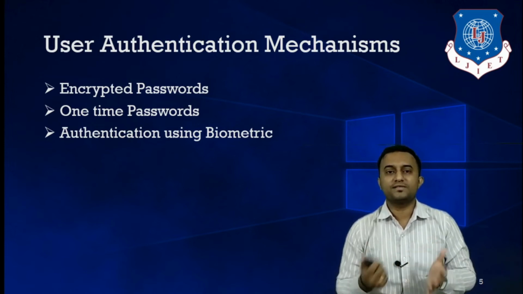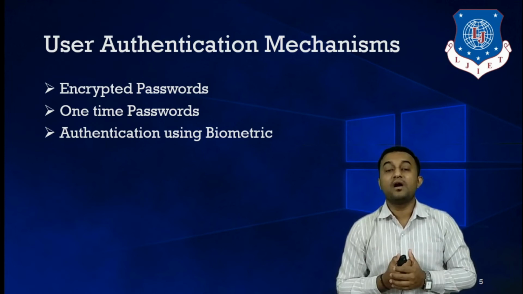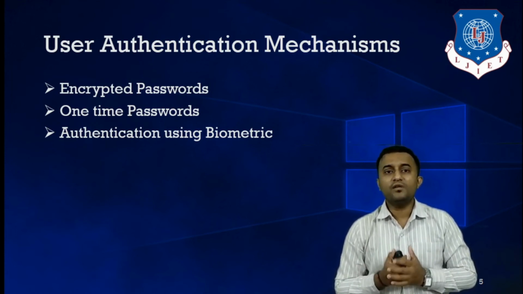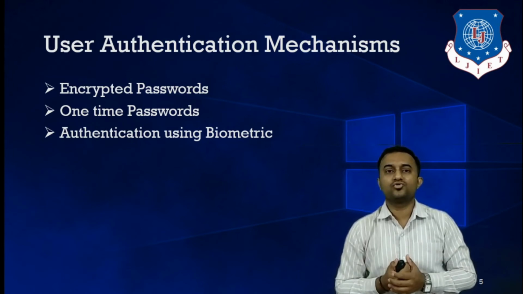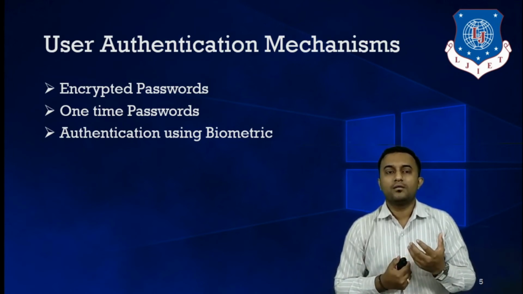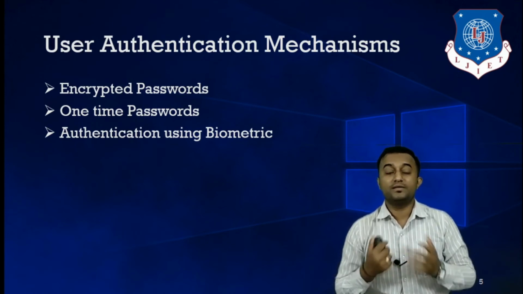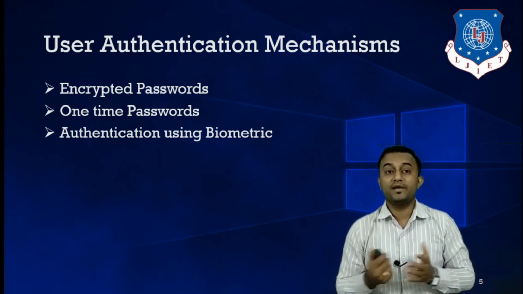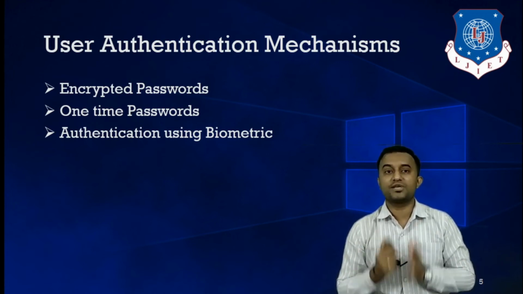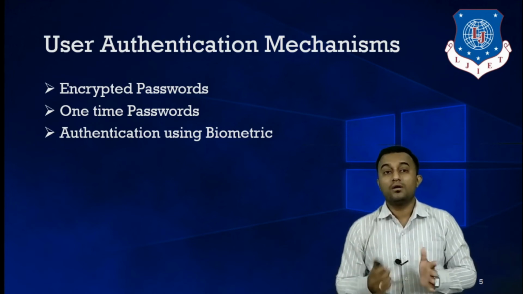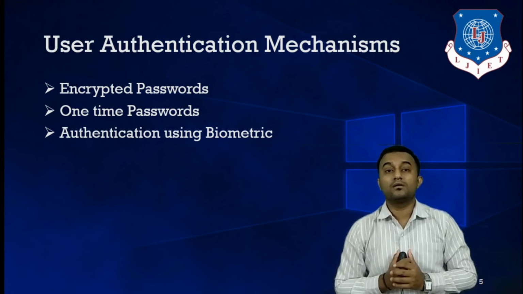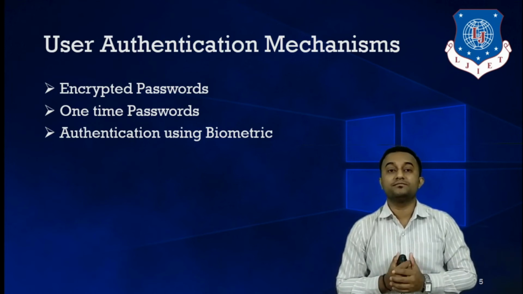There is a facial recognition system, an iris scan, and a fingerprint scanner, through which you can achieve user authentication. And this biometric-based user authentication is more secure as compared to other user authentication mechanisms.